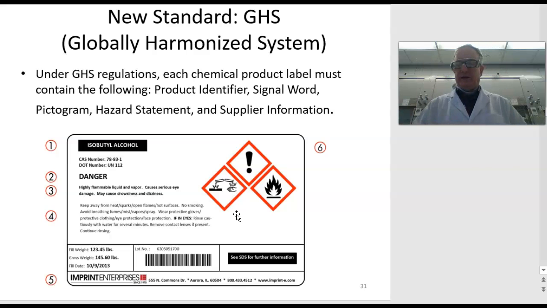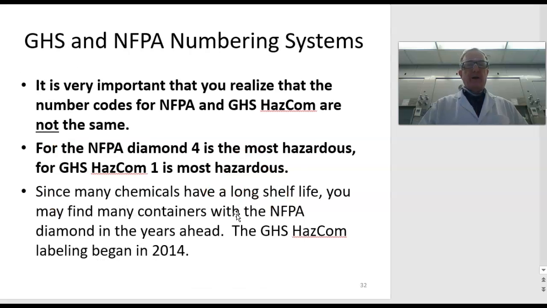It's important to note that the numbering system is different for the two. The NFPA has 4 as the most hazardous, whereas in the GHS hazard communication, 1 is the most hazardous. Make sure that you have the differentiation of those in your mind.